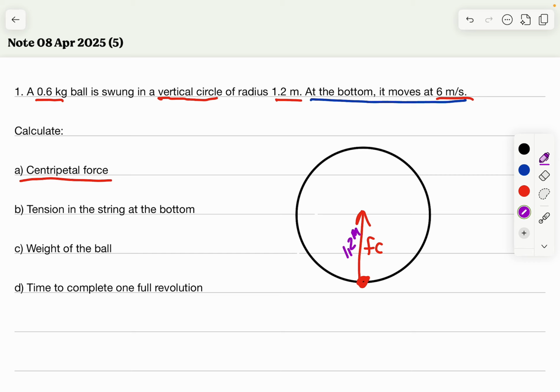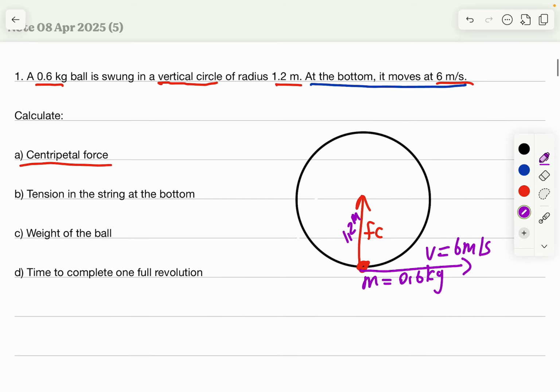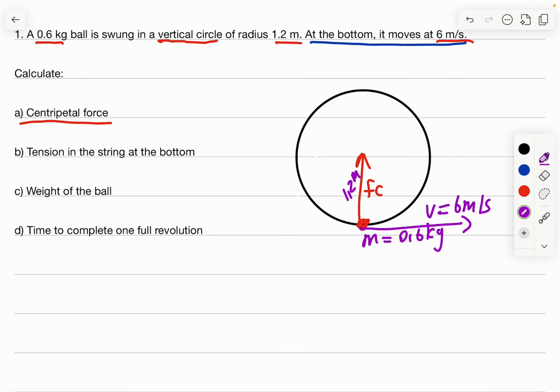And they told you the mass of the object is 0.6 kilogram. And they tell us the velocity is moving in that direction. The velocity is 6 meters per second. They say calculate the centripetal force at the bottom as it moves at that angle.